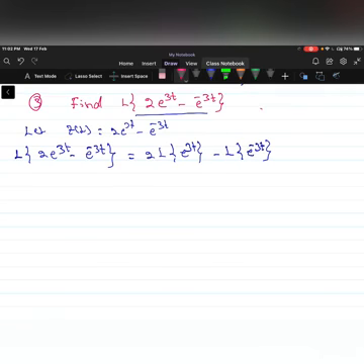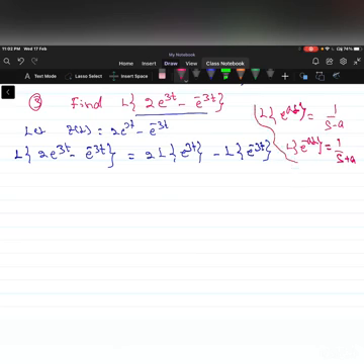We know that Laplace of e power at can be written as 1 by s minus a. Similarly, Laplace of e power minus at is 1 by s plus a. So by using these results, we can find out the Laplace of e power 3t as well as Laplace of e power minus 3t.